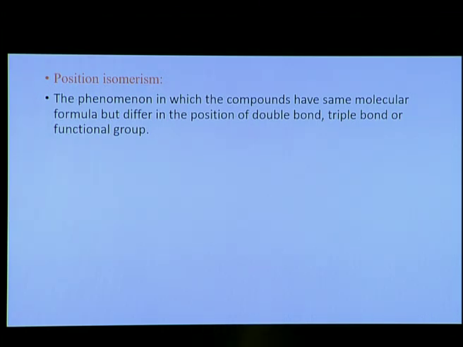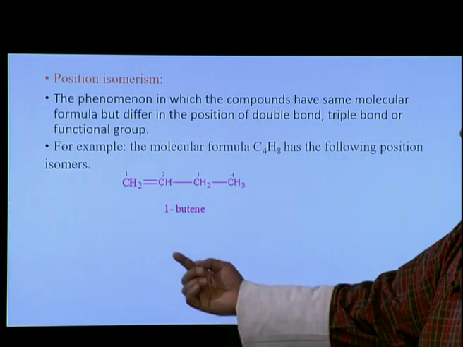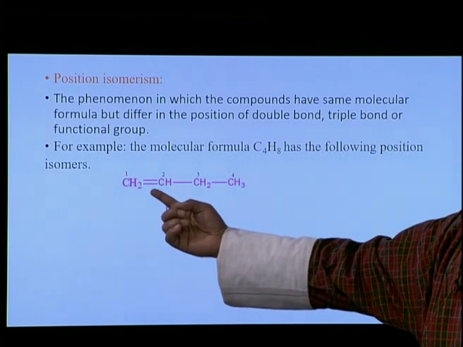For example, take the molecular formula with 4 carbons and 8 hydrogens, C4H8. Let's look at the isomers. The first possible isomer is this compound, which has a double bond here.